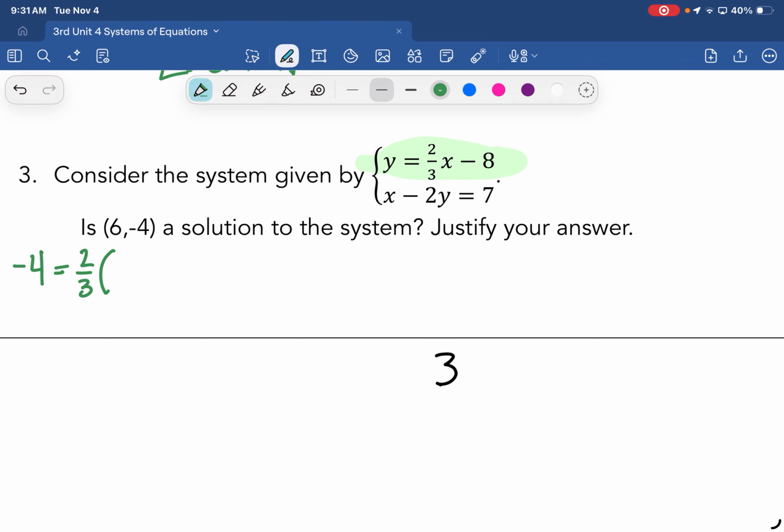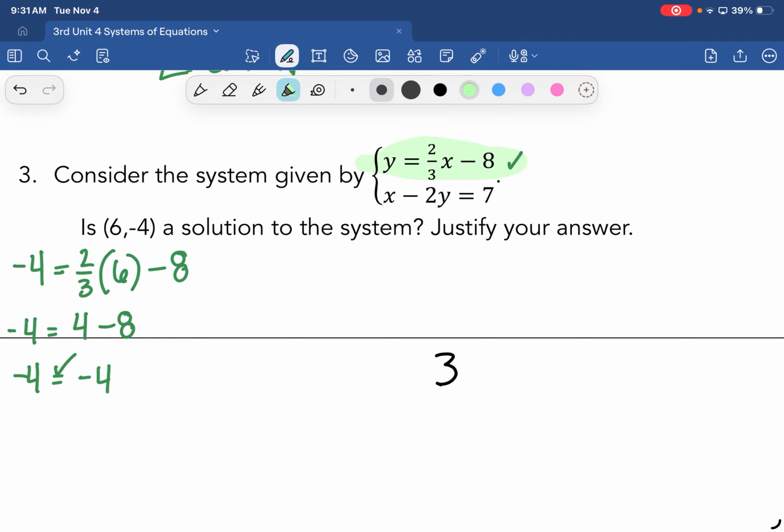But what is x? Minus 8. Okay. So we get negative 4 equals, what is 2 times 6? What is 12 divided by 3? So we get 4 minus 8. What is 4 minus 8? Oh, wait, negative. Mm-hmm. Is that a true statement? Does negative 4 equal negative 4? Yes.